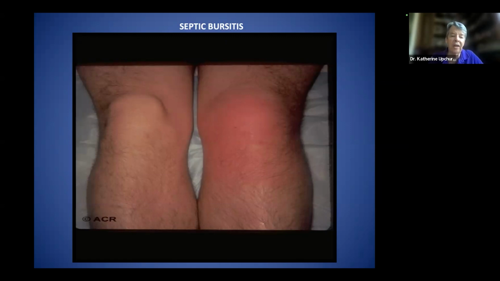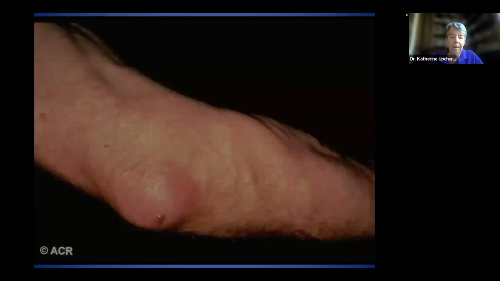Although most of these organisms in normal patients are staph. Now, this is another example of a bursa. And this is the olecranon bursa over the elbow. And this is not infrequently due to septic processes because the elbow, when you put your elbow down on a surface or you bump your elbow, often there can be direct inoculation of organisms.